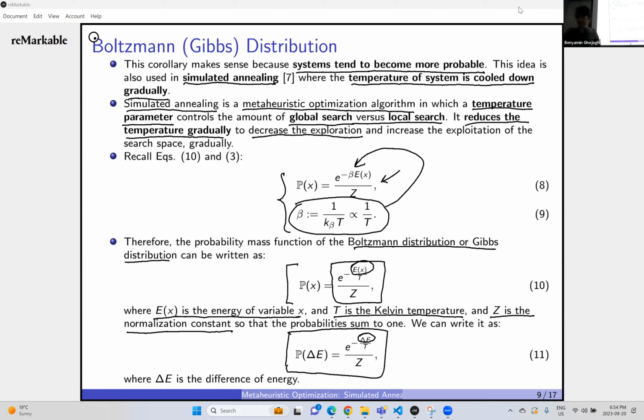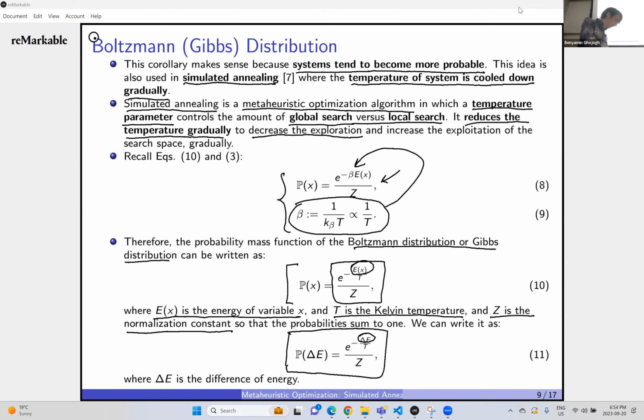Gradually I cool it down according to annealing. By cooling down the temperature, we have more local search rather than jumping to different parts of the landscape. Therefore, by cooling down, we increase exploitation.